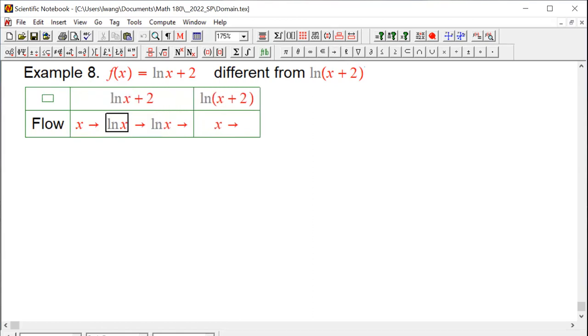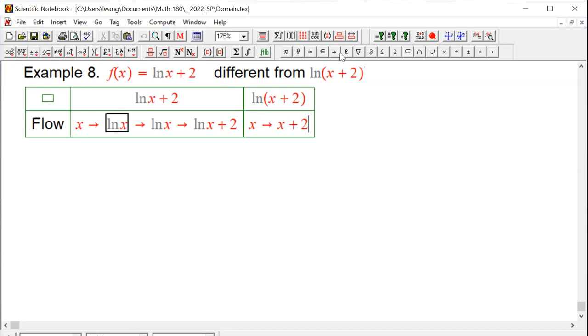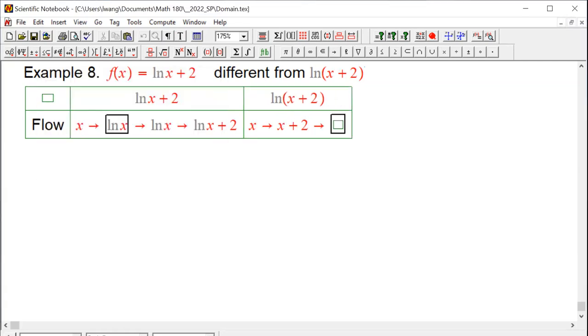And after you get this output, you take ln x, plus 2. That's the order. But this one, however, you have to do x plus 2, and after you do x plus 2, then you apply the function, which is ln x.